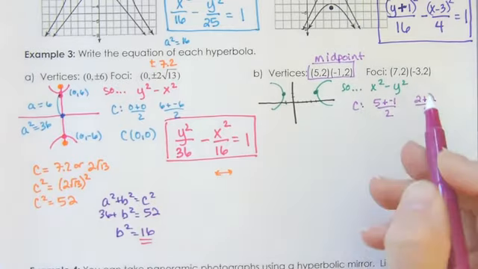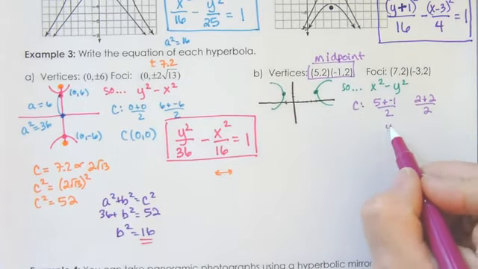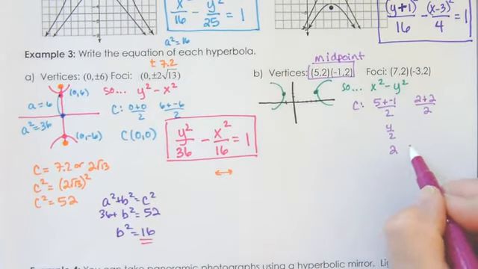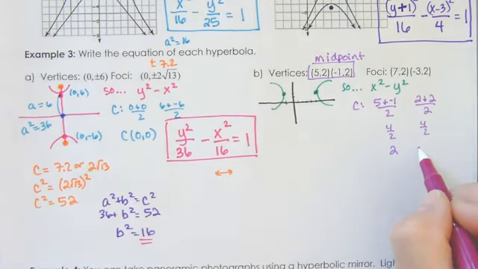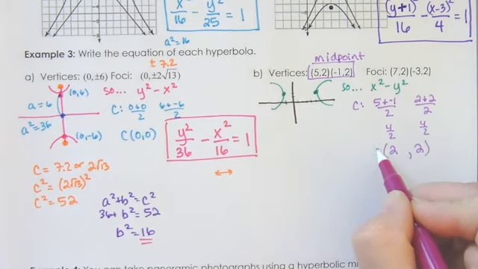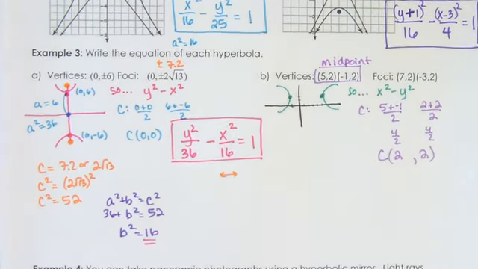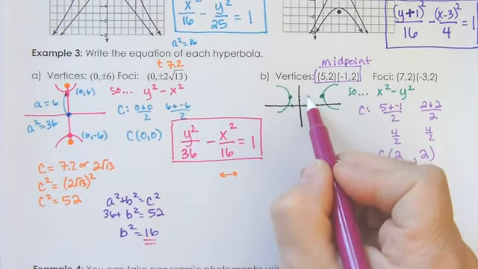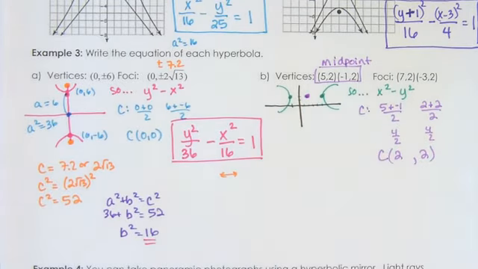So 5 plus negative 1 is 4. 4 over 2 is 2. 2 plus 2 is 4 over 2 is another 2. Lots of 2's. So the center is at 2, 2. If you were careful on a piece of graph paper, you probably could just count and find where that was.